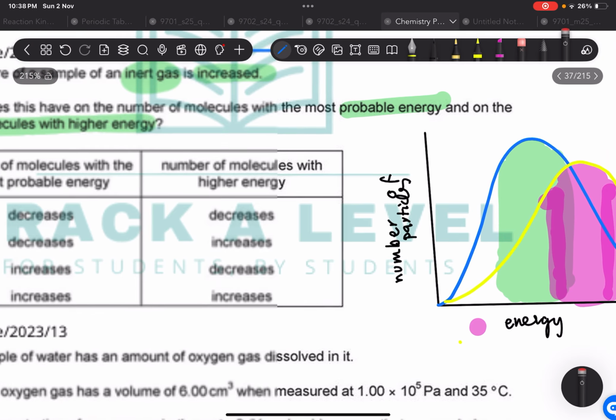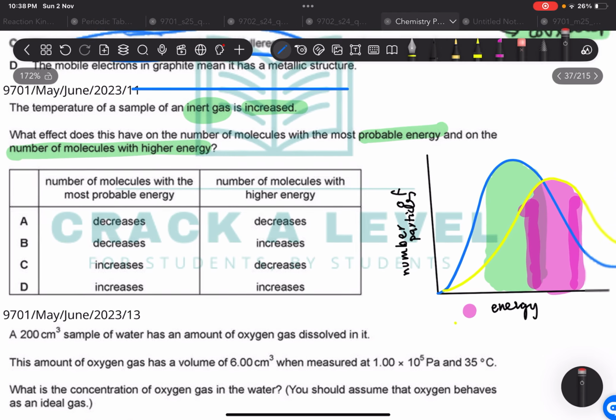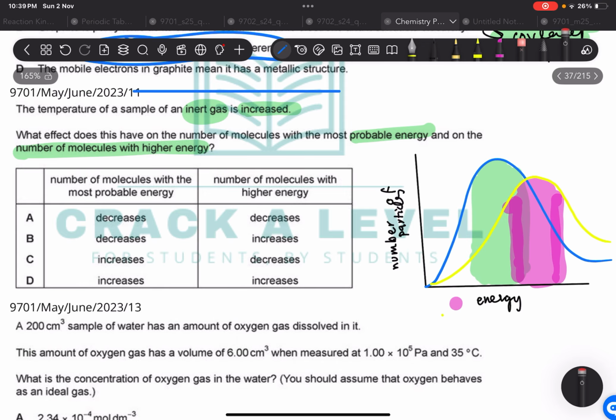Do you get it? It didn't increase or decrease in the way that you think, that the number of molecules decreased. What happened was that this part just shifted towards this, but there was one thing.